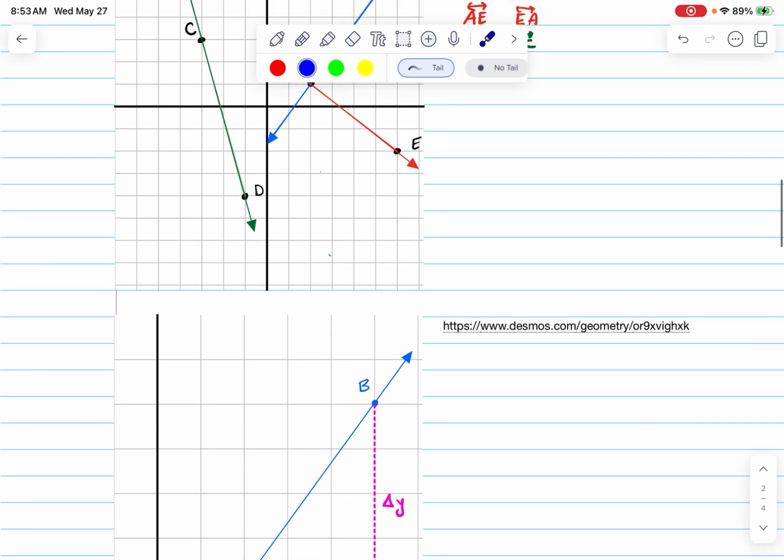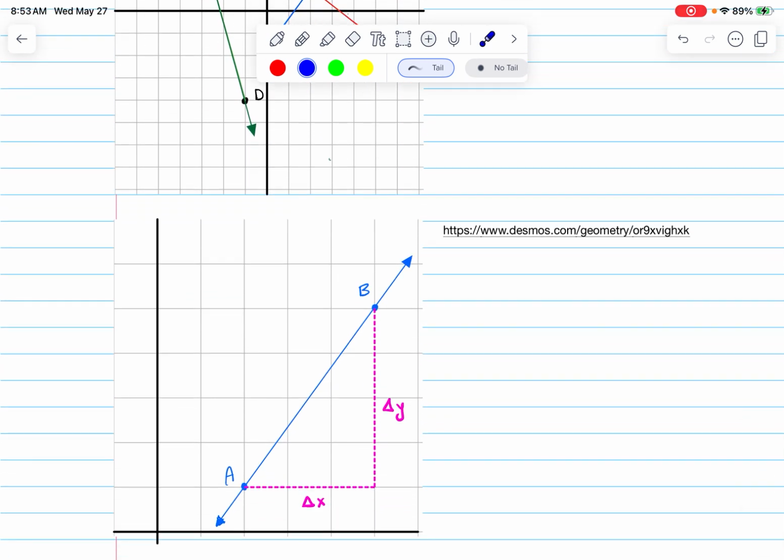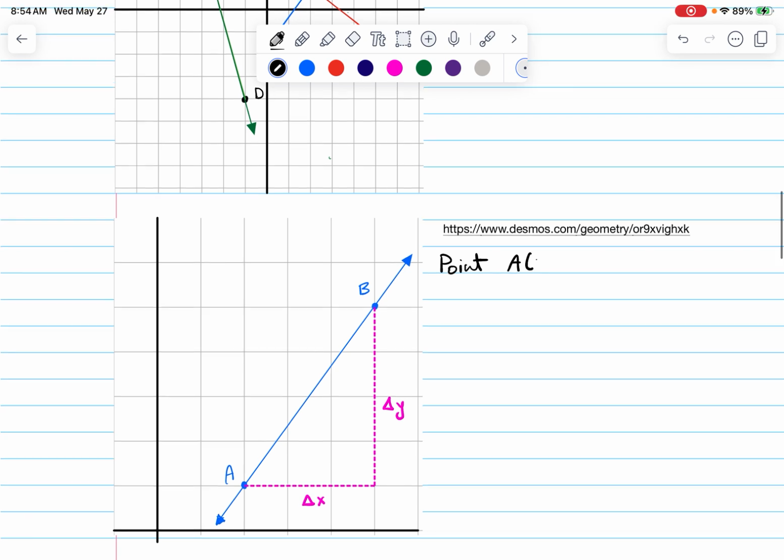So notice on this one, this line passes through A, and then it has a certain steepness to it. I want to take note of the point that this line passes through. Of course, it passes through B as well. But notice it passes through point A, which is (2, 1), and it passes through B, which is (5, 5). Those are the 2 points it passes through.